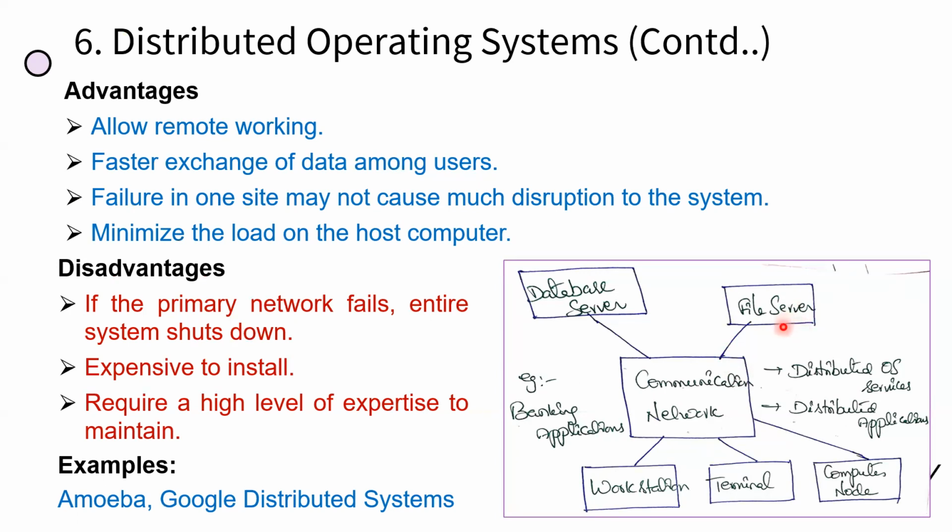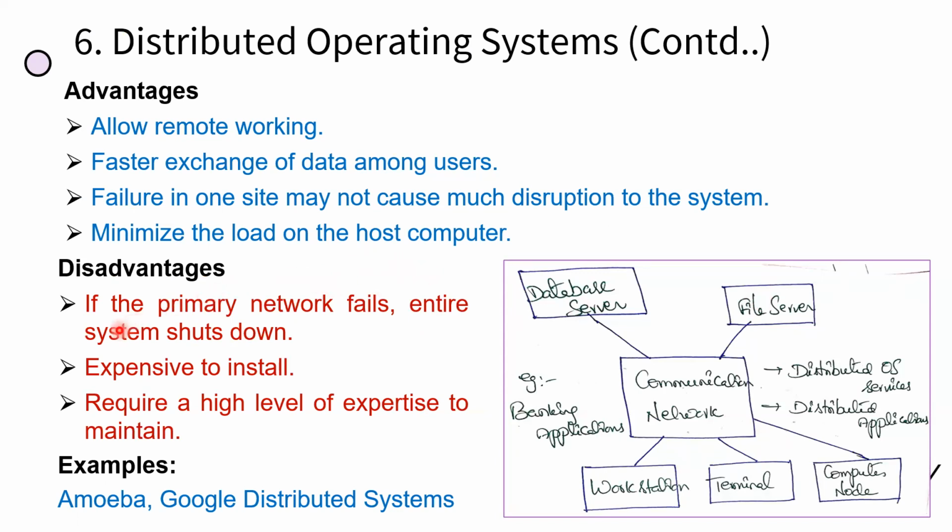That means not just one file server, there will be multiple file servers. So even if one file server fails, the system won't be disrupted. And it minimizes the load on the host computer. Each computer need not maintain the database or the files. They can access these resources from different servers.